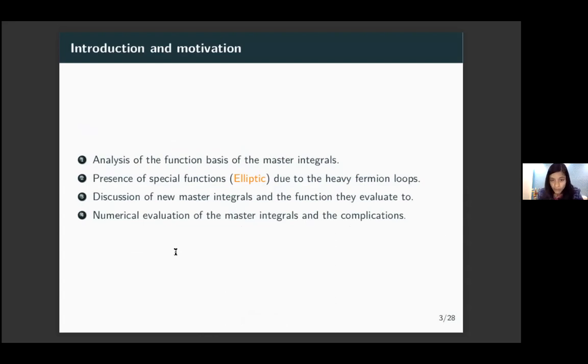I will discuss the new master integrals and also the functions they evaluate to. I will also explain that these new master integrals, fortunately or unfortunately, belong to these special functions which are elliptic. And at last, I will explain the numerical evaluation of these master integrals and the complications therein.